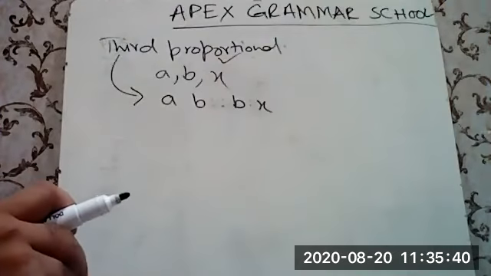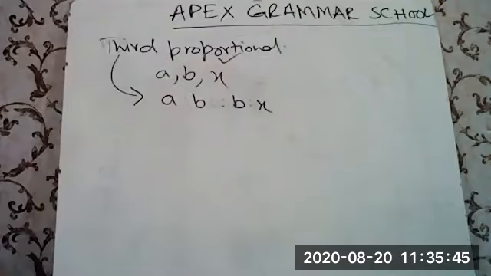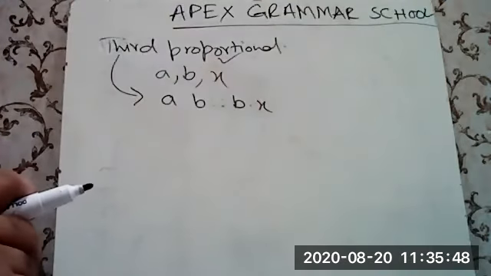So for third proportion, you require only two values, and through these two values you can easily find the third proportion.